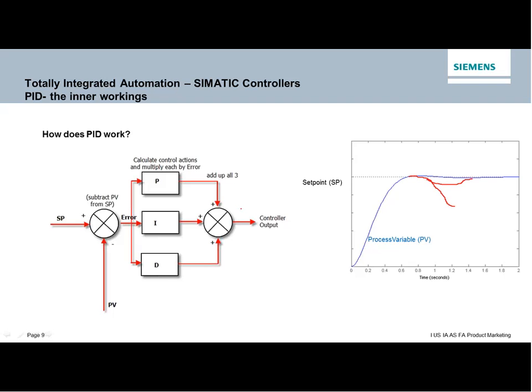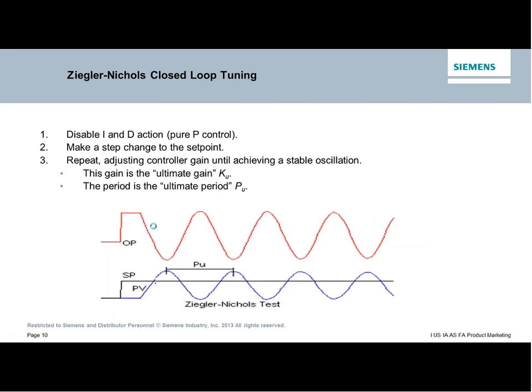So that's PID. How do we get these numbers for P, I and D? That's actually the tuning of a loop, and let's talk about how we might do that. One of the old-time methods is called Ziegler-Nichols, and this is kind of an auto-tuning algorithm.